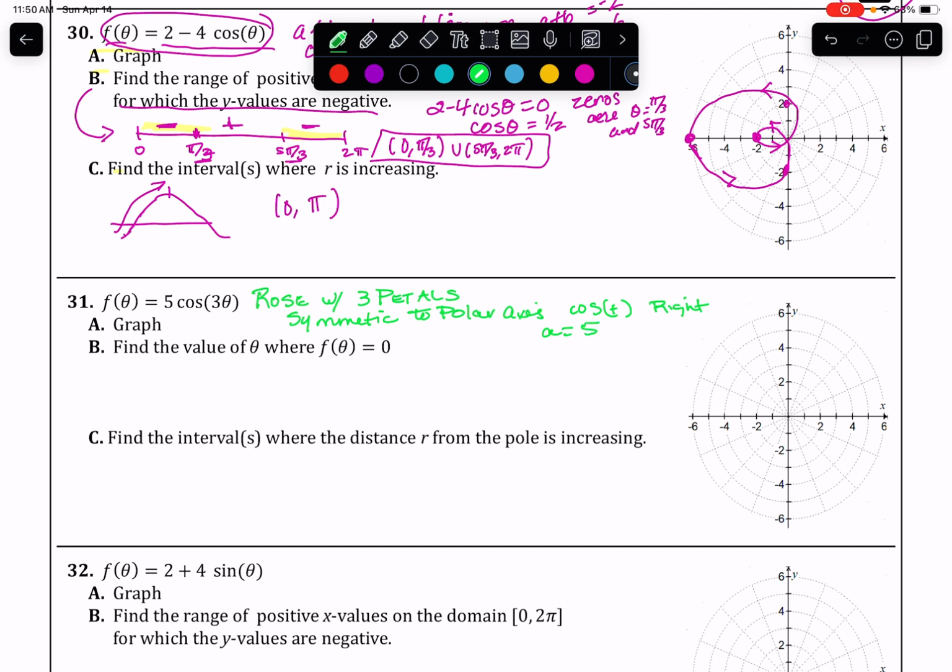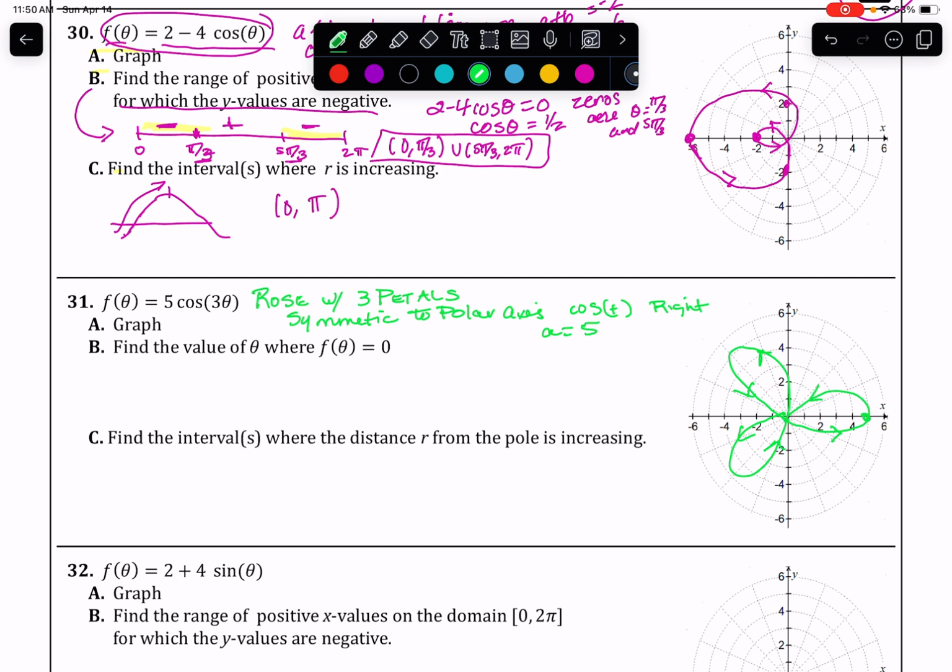So we would have a point here, and then we have that petal. And then remember, it comes around this way, and then it comes around this way. So we start out here, coming through here, back through here, and around.